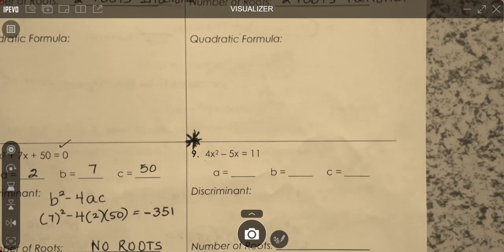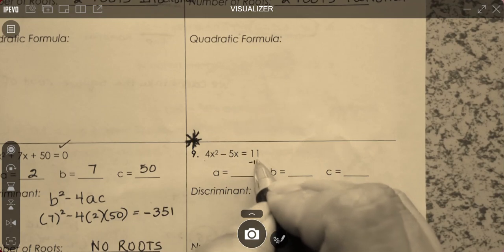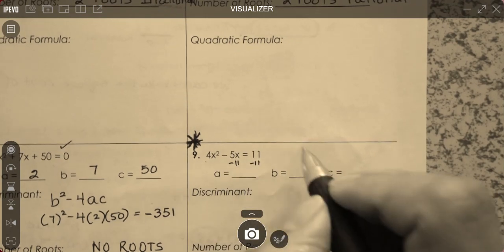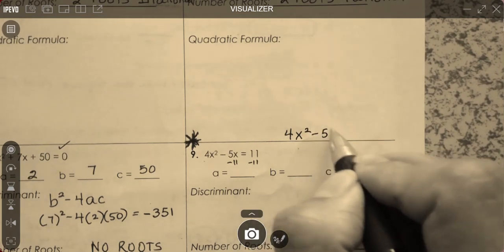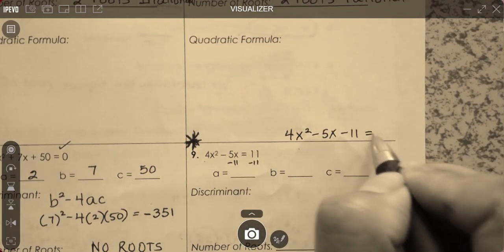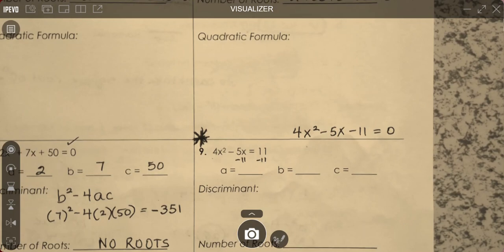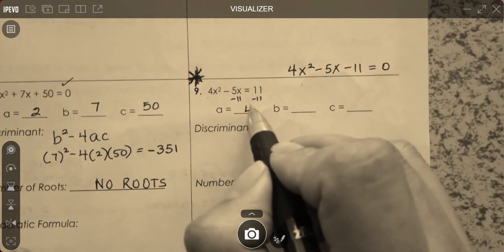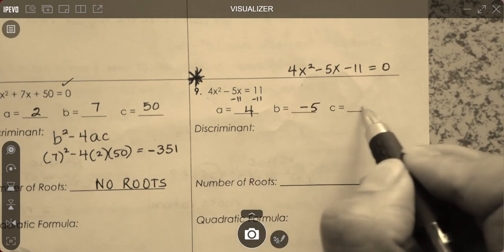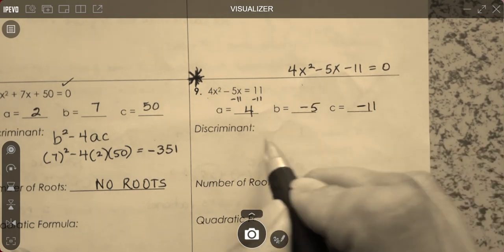But it's going to be negative because we need to move it to the other side by subtracting 11 from both sides. So you're going to get 4x squared minus 5x minus 11 equals 0. Okay. So with that said, A is 4, negative 5, and this is negative 11.